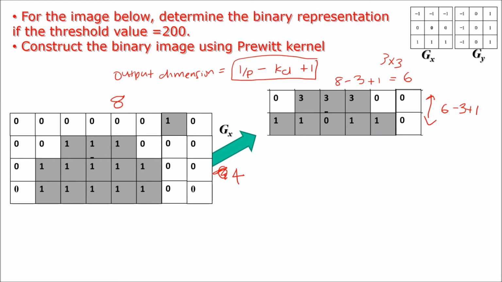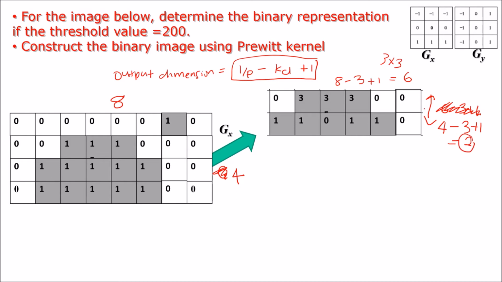So in this case our height will be 4 minus 3, where 4 is the input and 3 is the kernel, plus 1. So the output image dimension will become 2.